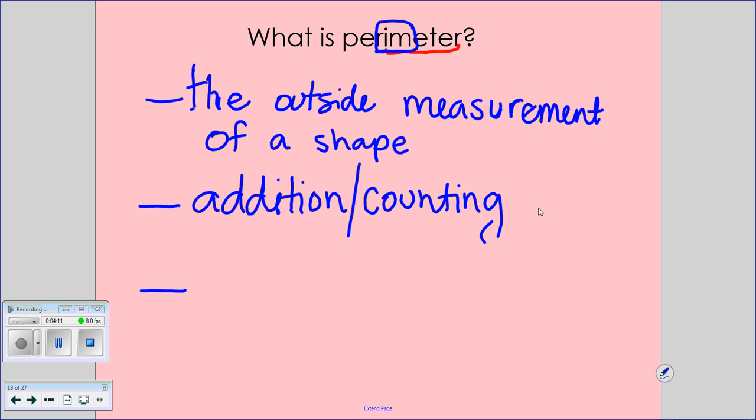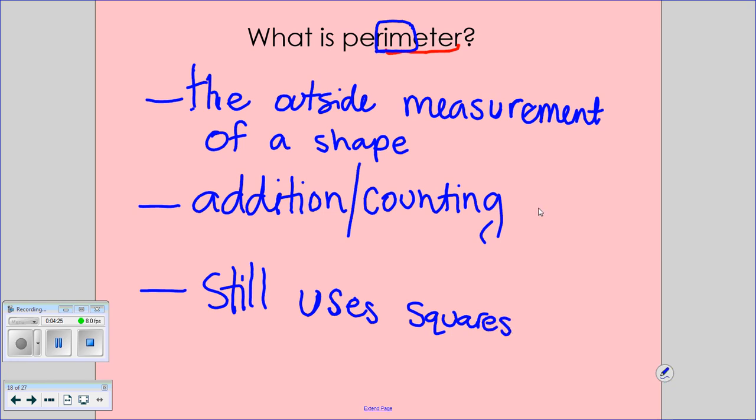Now, perimeter, even though it is the outside, it still uses squares. It still uses squares. It just uses them a little bit differently.